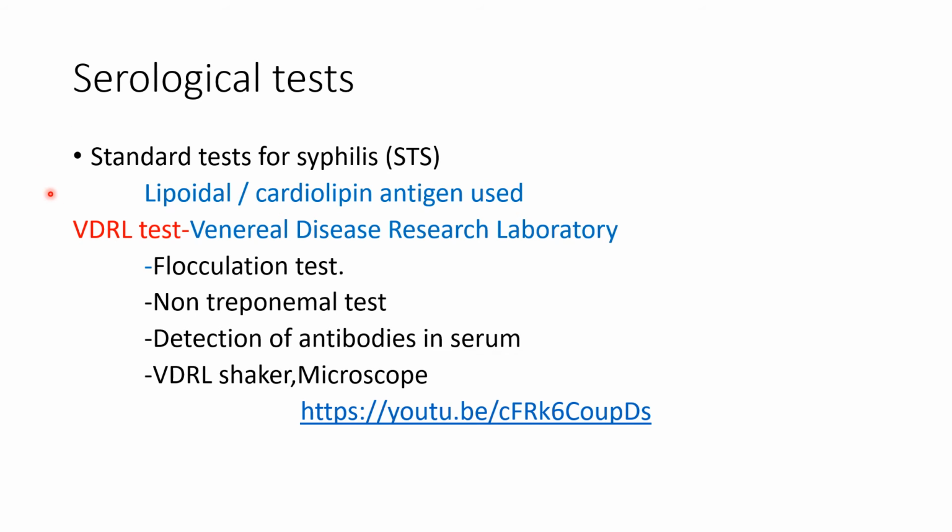So serological tests, especially for treponema infection, we call them standard tests for syphilis, STS. Why? Under this test, we usually use an antigen called cardiolipin antigen in the kit. Nammatra kit ಏನಿದೆಯೋ ಅದರಲ್ಲಿ antigen ಇರುತ್ತೆ. Antigen ಯಾವುದು ಅಂತಂದ್ರೆ cardiolipin antigen. I already told you about cardiolipin antigen.